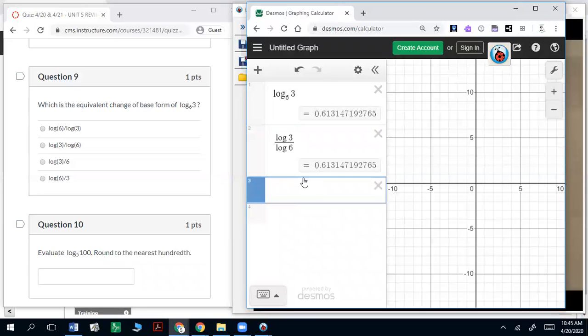Really, what that means is 6 raised to that power is equal to 3, so all that is giving you the exponent that you raise 6 to get 3. In this situation, it would be log of 3 divided by log of 6, not the other way around, because if it was the other way around, it'd give you a different number. That's obviously not the same, so we don't want that one. We want log of 3 over log of 6.